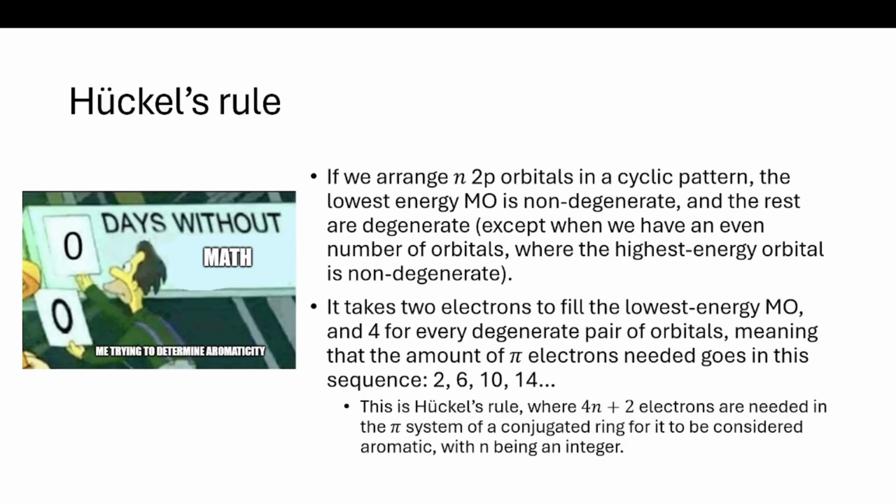This is formalized in Huckel's rule, where for aromaticity you need a conjugated cyclic ring, but you also need, in that ring, 4n plus 2 pi electrons. And n is going to be a whole integer. So n can't be something like 1.5 or 1.75. It has to be an integer.